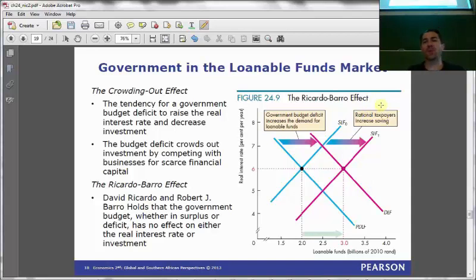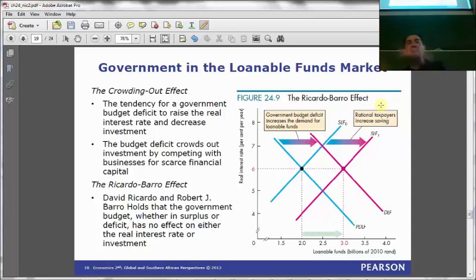But because demand is shifting to the right, rational taxpayers will say the following: government is increasing spending today. If they are increasing spending today, at some point they will have to pay that back. They're going into debt today. They will have to finance that in the future, which means they would have to raise taxes in the future to pay.